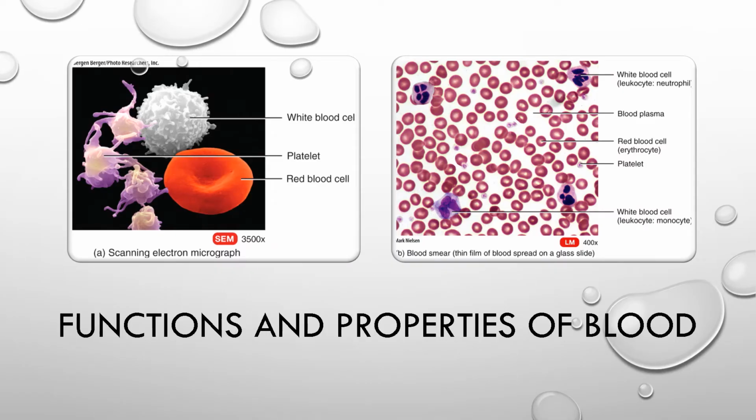The formed elements of blood include these three principal components: red blood cells, white blood cells, and platelets. Now, red blood cells, also known as erythrocytes, just labeled here as erythrocyte, transport oxygen from the lungs to body cells, and they also deliver carbon dioxide the opposite way, from body cells to the lungs to be expelled.